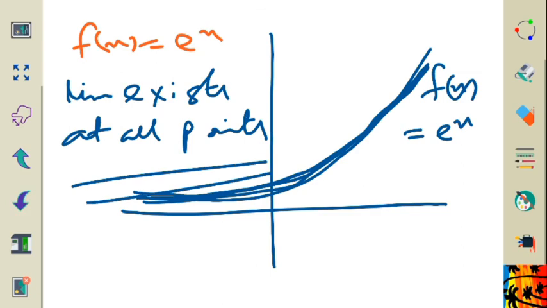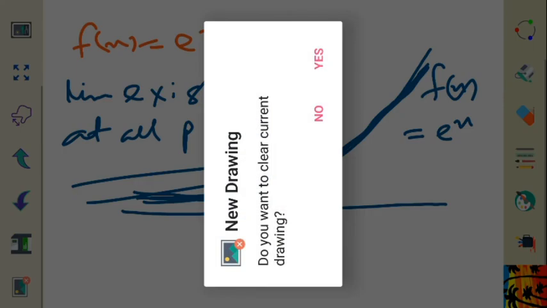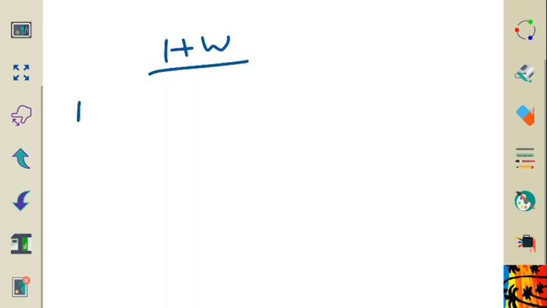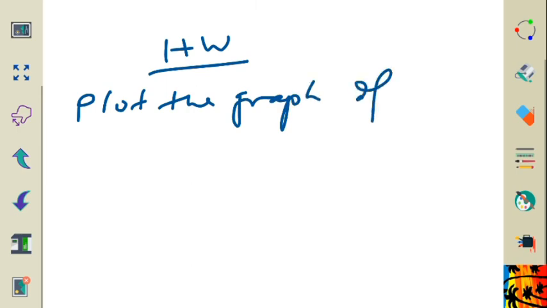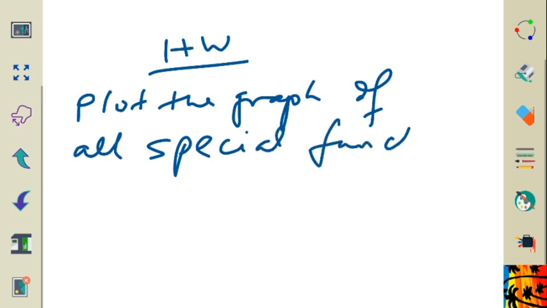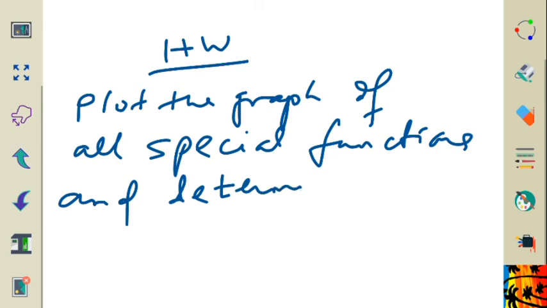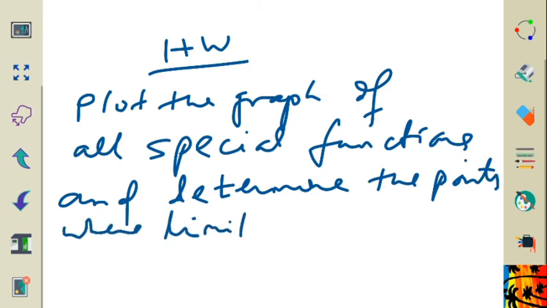Clear? So I am giving homework, you try to solve the questions. Your homework is to plot the graph of all special functions and determine the points where the limit doesn't exist.